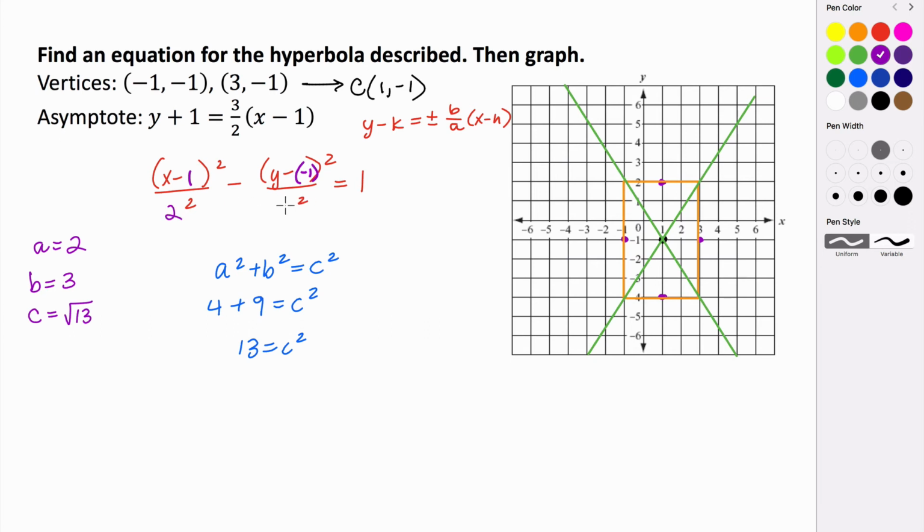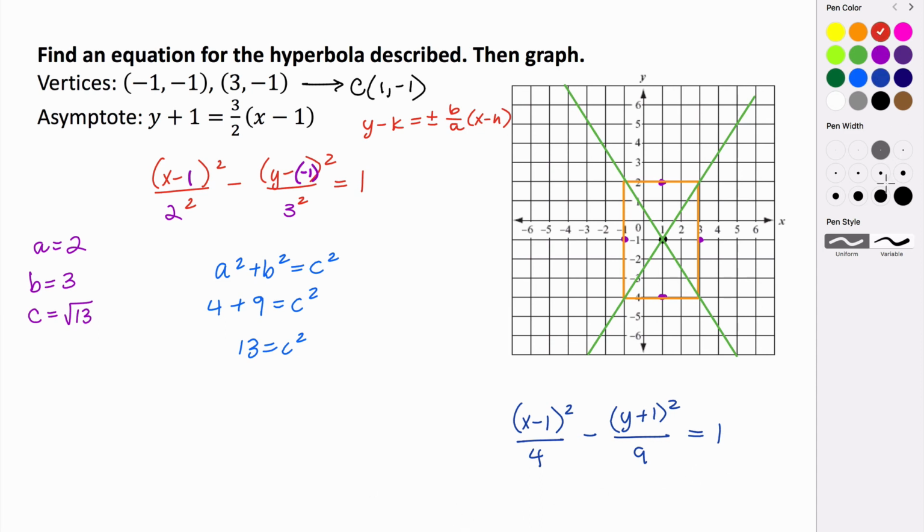So 2 and 3. So the simplified equation is going to look like this. So (x minus 1) quantity squared divided by 4 minus (y plus 1) quantity squared divided by 9 equals 1.